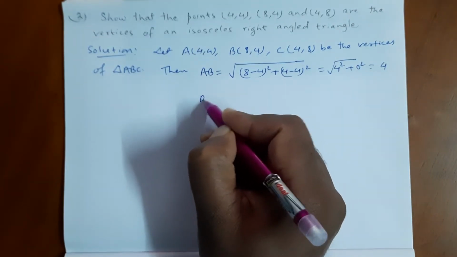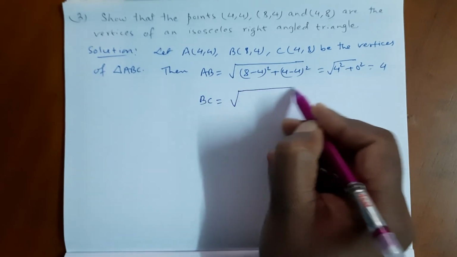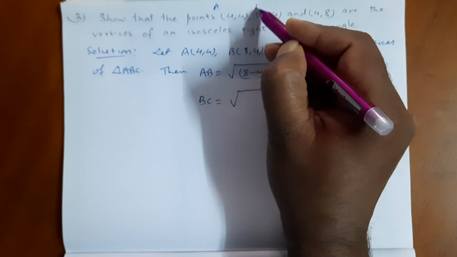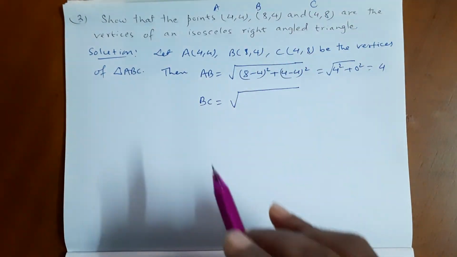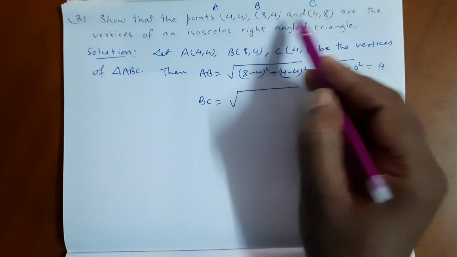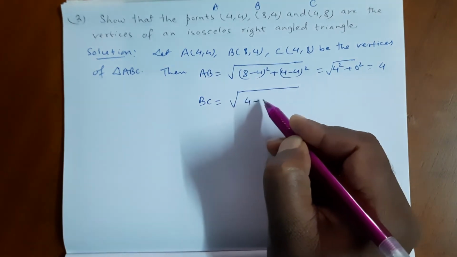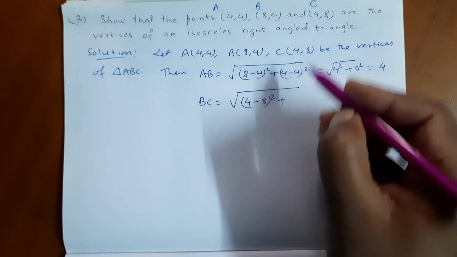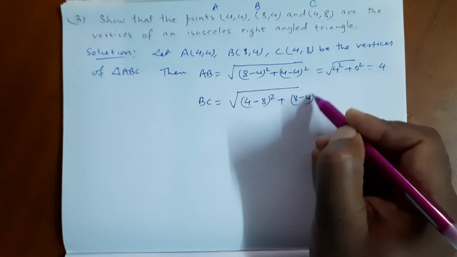Similarly, BC also using distance formula. So this point is A, this point is B, this point is C, and (x2 minus x1) square, that will be (4 minus 8) square plus (y2 minus y1) square, that is (8 minus 4) square.